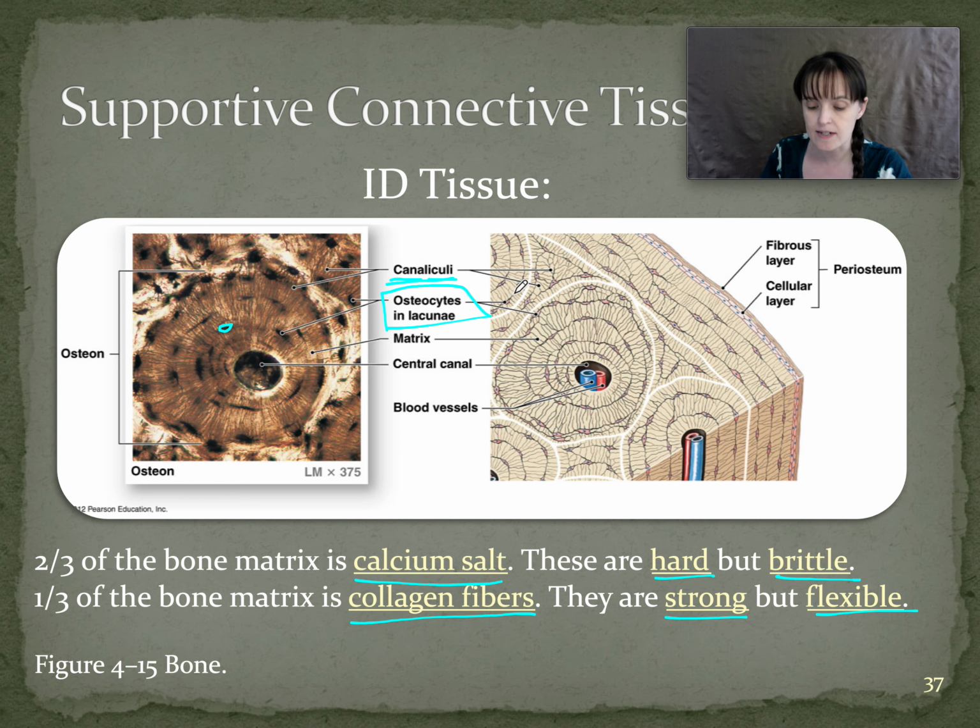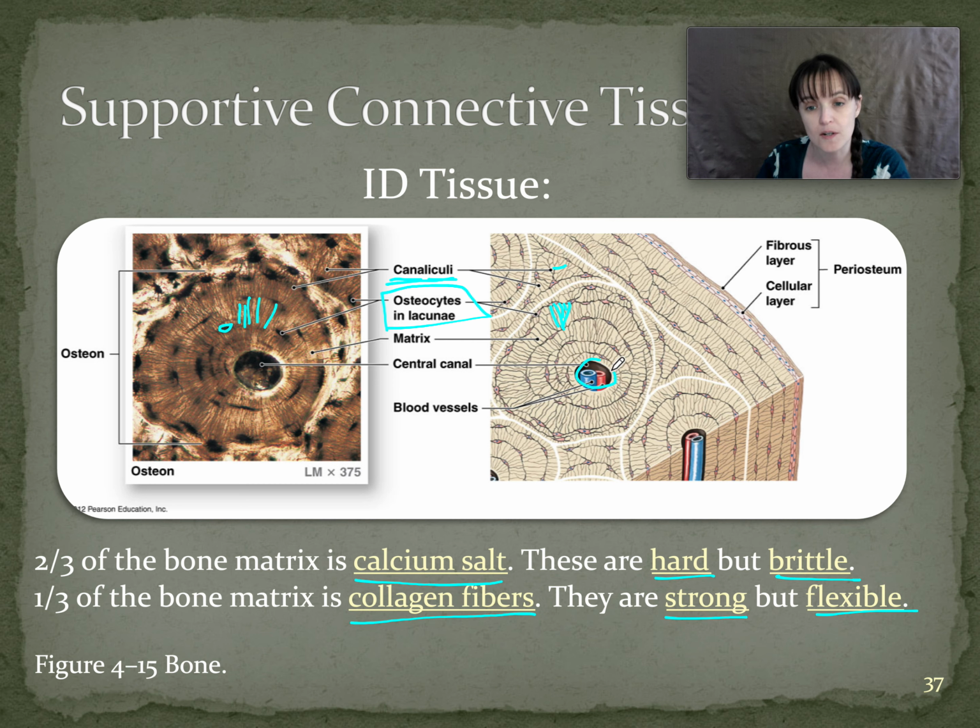They are slender cytoplasmic extensions of the osteocytes. Here you can see them. They're these little lines. My pen is about 10 times too thick to really show them, but they connect one osteocyte to the next osteocyte, and they exchange nutrients.